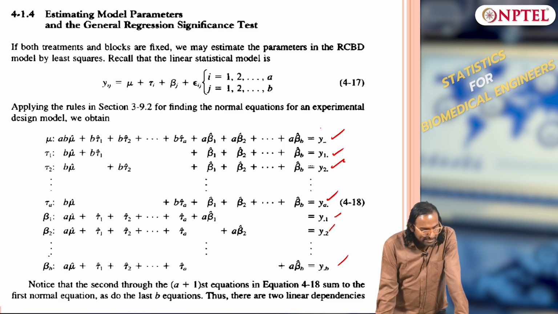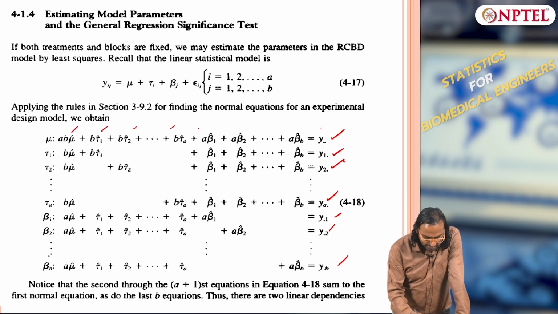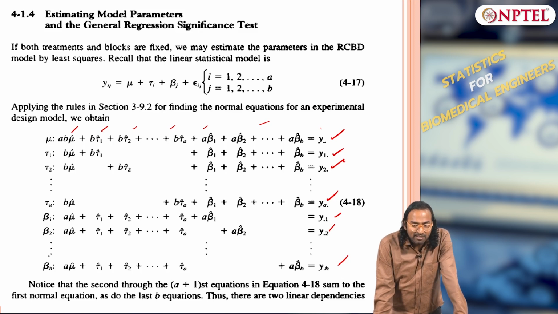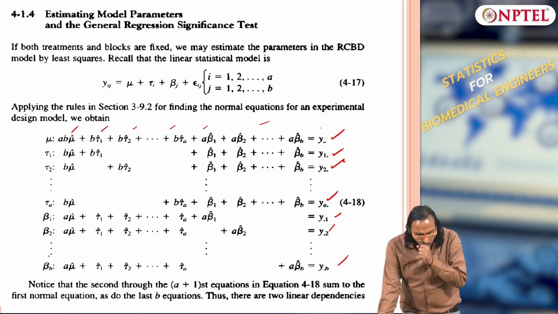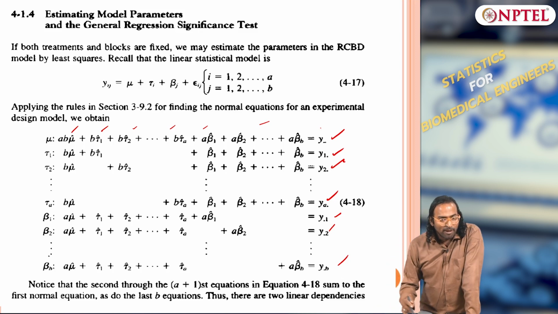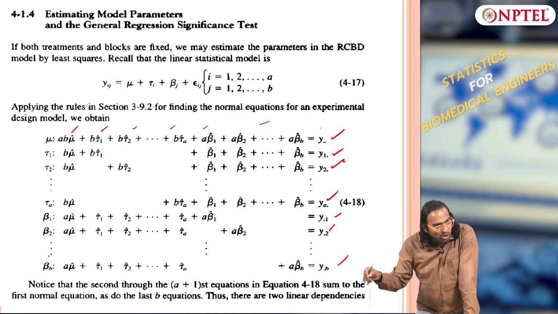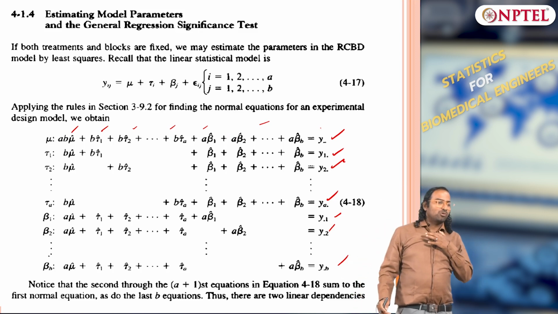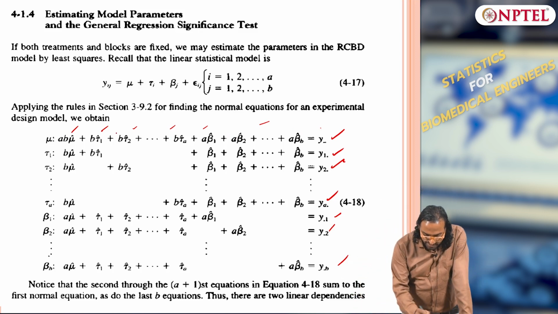The left hand side is nothing but the summation of all the parameters multiplied by how many times that particular parameter appears in the equation. So mu hat appears how many times? AB times. Tau 1 hat appears b times, tau 2 appears b times, and beta 1 hat appears a times, beta 2 appears a times, etc. So this is my first equation.